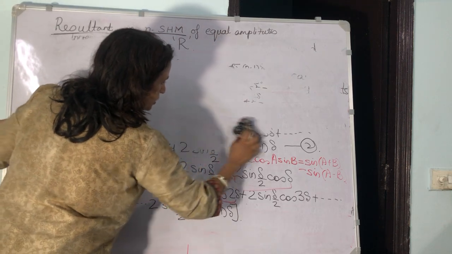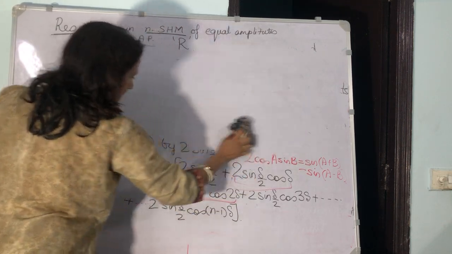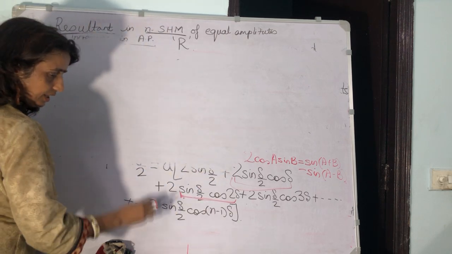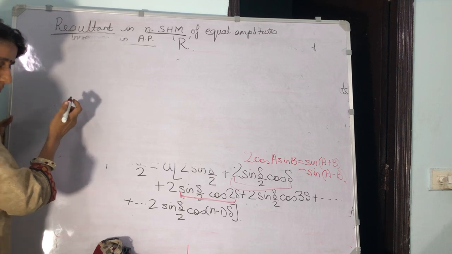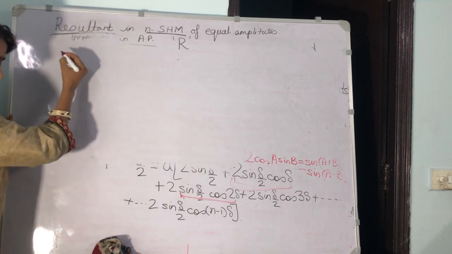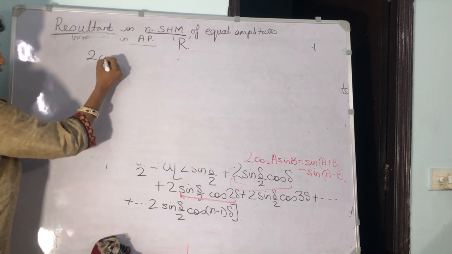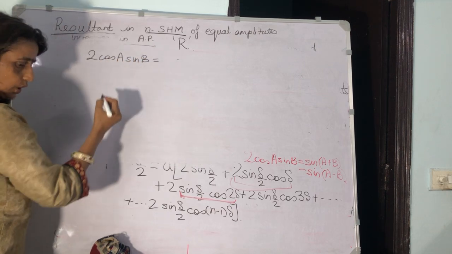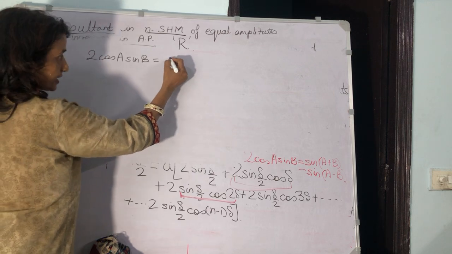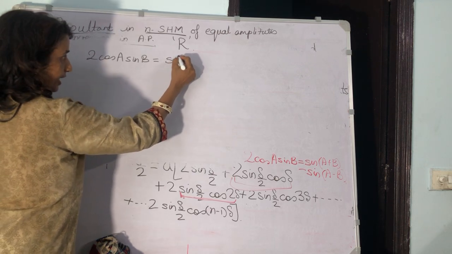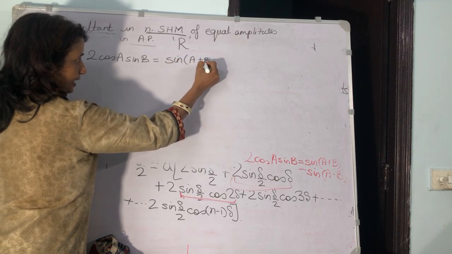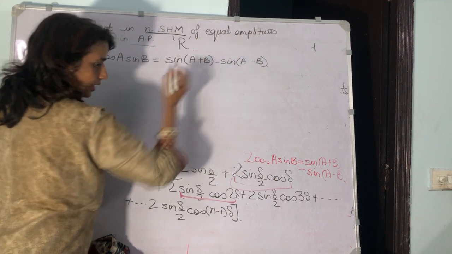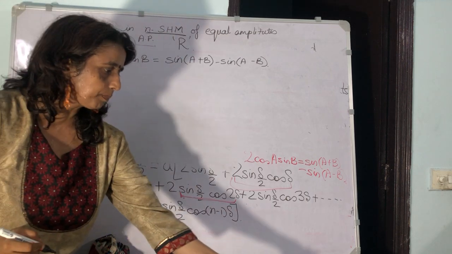When we apply this formula here, we are applying the trigonometrical formula, that is 2 cos A sin B is equal to sin A plus B minus sin A minus B. This formula we are going to apply.